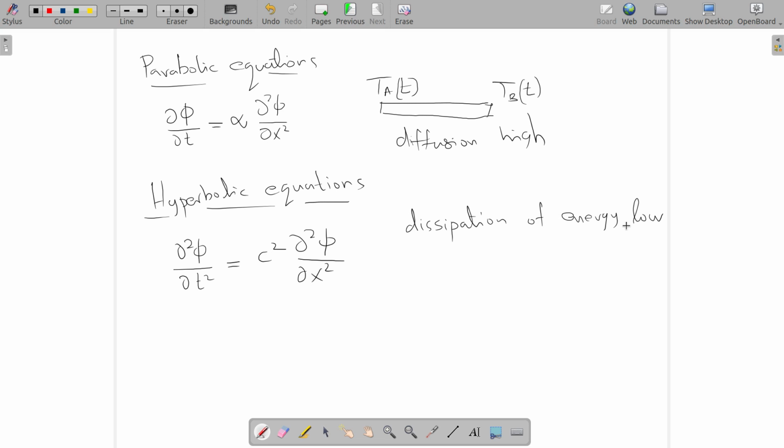So if you remember the governing equations we use in vibrations, you will know that that falls into this category. This is quite similar.